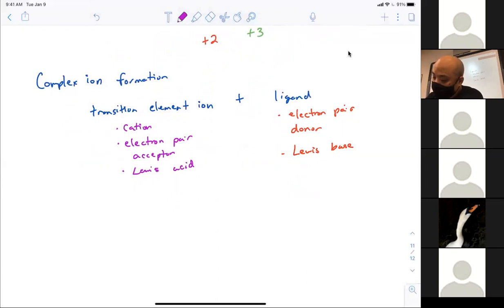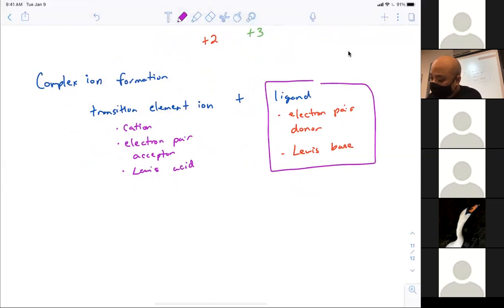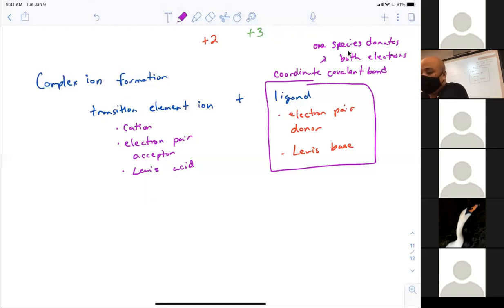And so this ligand with its electron pair forms a coordinate covalent bond. Remember, coordinate covalent bond means that one species donates both electrons to form the bond.